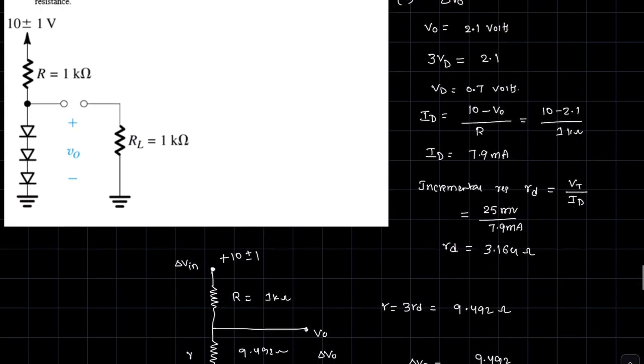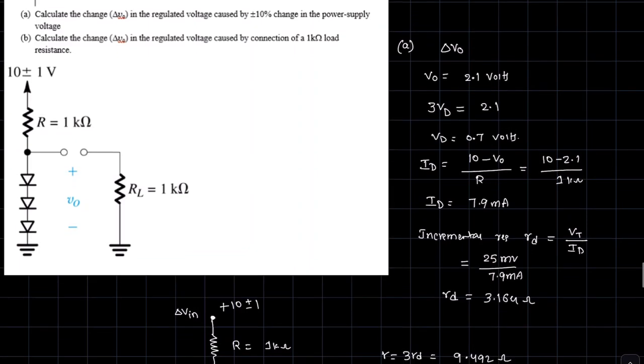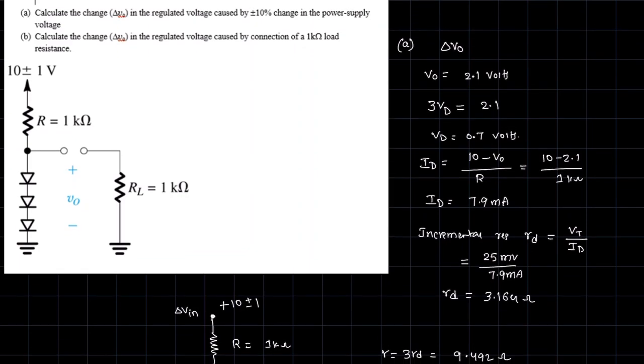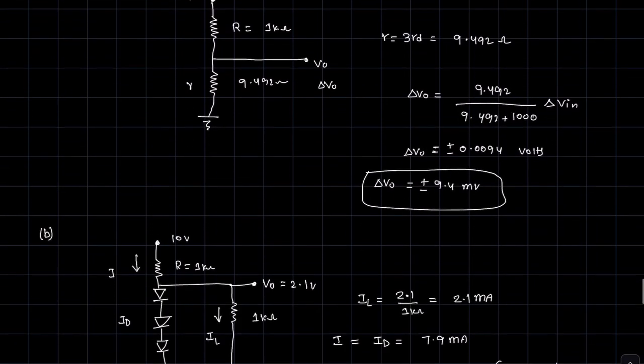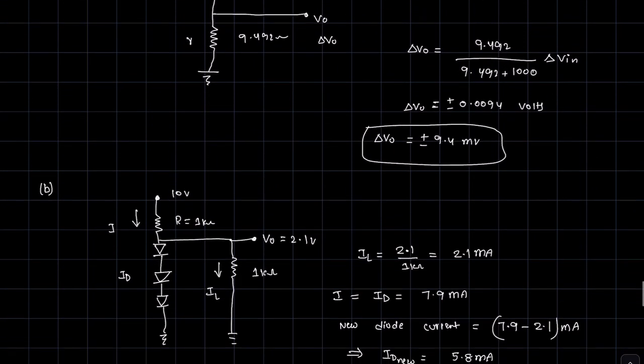In this way we can deduce that this circuit can act as a very good voltage regulator, because it suppresses changes in input voltage very well. A 1 volt change, that is 10% change in input voltage, appears across the load as just 9.4 millivolts, approximately suppressing the change in input by 100 times.